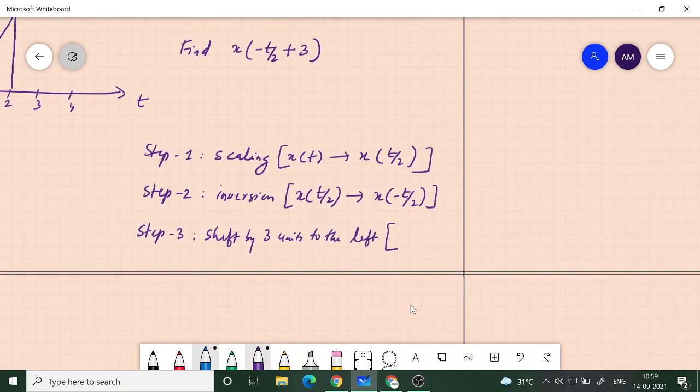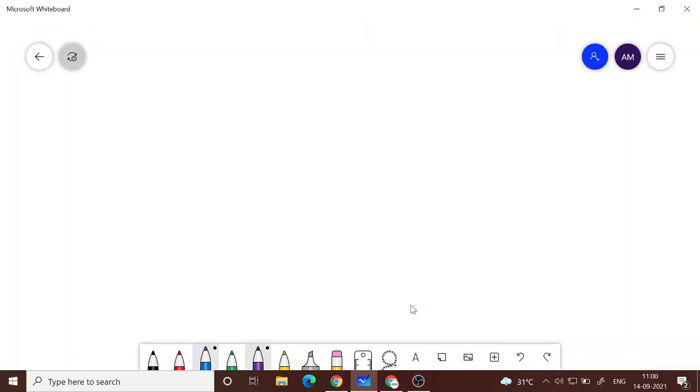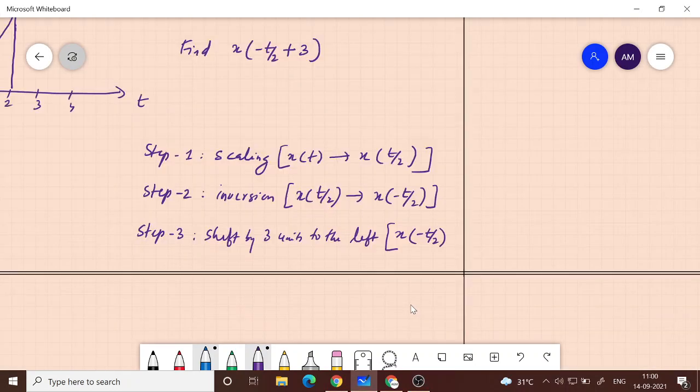You are going to replace your t with t plus 3. This is a mistake which students make, and that's why I wanted to come back to this problem. And if you do this, what you are going to get is different.